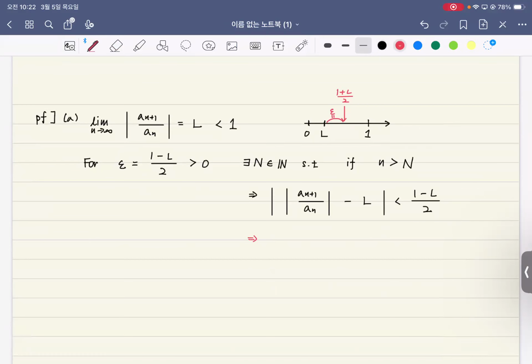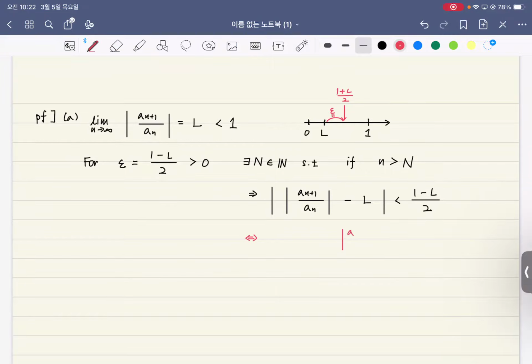This last inequality can be written as: a_{n+1} over a_n is between L minus (1 minus L) over 2 and L plus (1 minus L) over 2. So if small n is greater than this integer N, then we have these two inequalities, right?